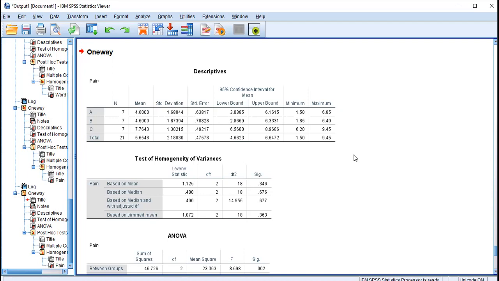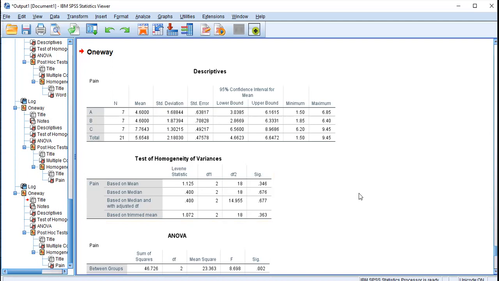Okay, so now we are moving to standard deviation. Standard deviation is 1.6, 1.87, 1.3. That's what the standard deviation is. Coming to equality of variance, which is actually question C here: is equality of variance there? At the given question, based on the mean, the Levene's statistic comes to 1.125 and the significance comes to 0.346.